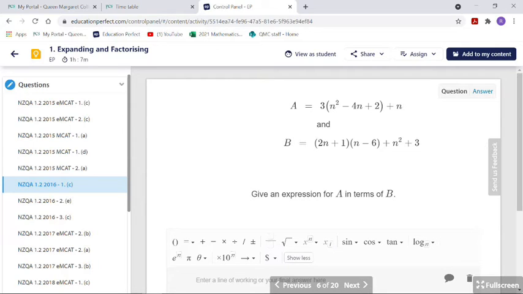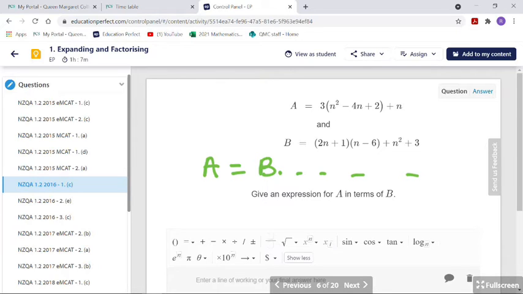All right. So we have A equals this and B equals this, right? Give an expression for A in terms of B. So let me translate it for you. That means we want it to say A equals B something.